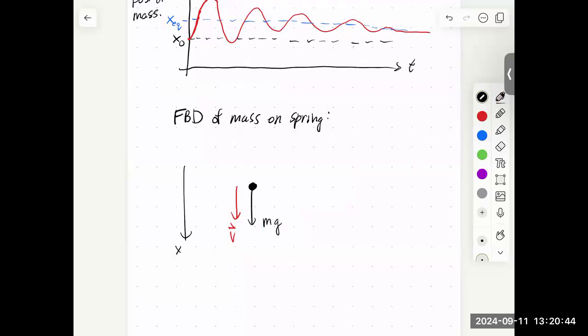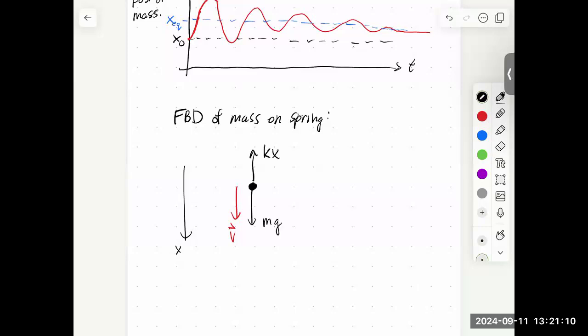Mg. What else? Yeah, so there's the spring, right? So the spring force. If we're moving down, let's imagine we've moved past the equilibrium, and so the spring force happens to be pulling it up. And so here's kx.